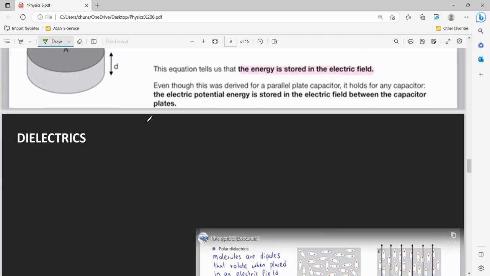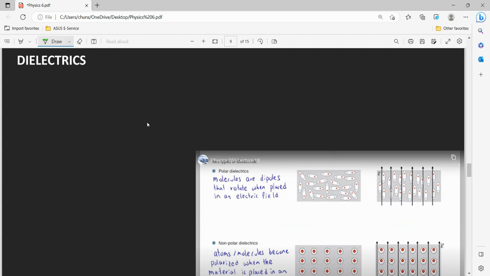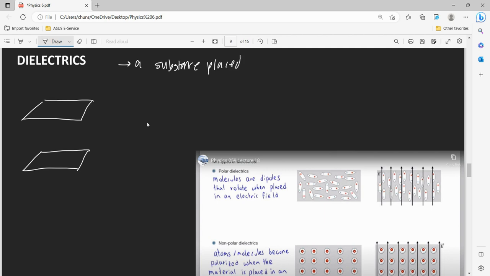Next up, we're going to be talking about dielectrics. If you have two parallel plates as such, a dielectric is a substance placed between plates to alter the electric field or the capacitance.